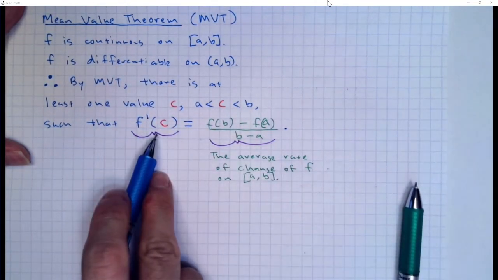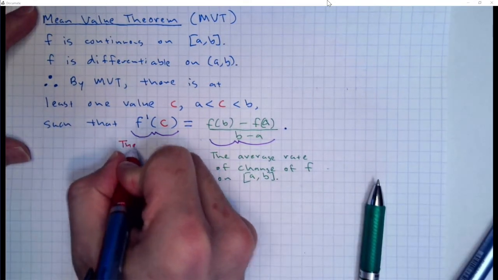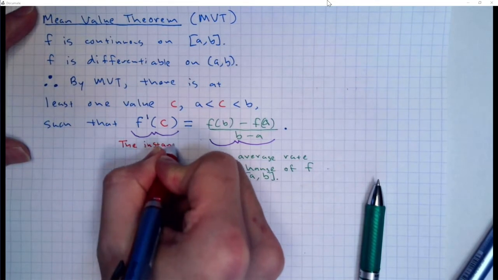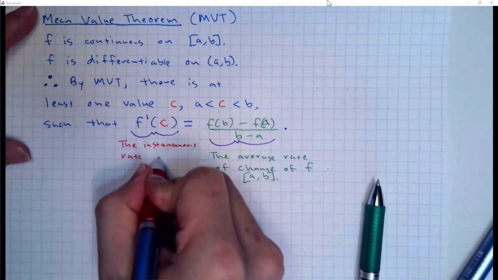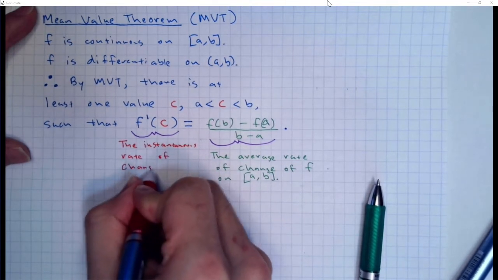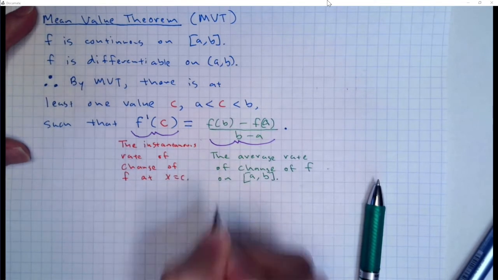you can think of this two different ways. You could think of this as the instantaneous, as opposed to average, rate of change of F at x equals c.